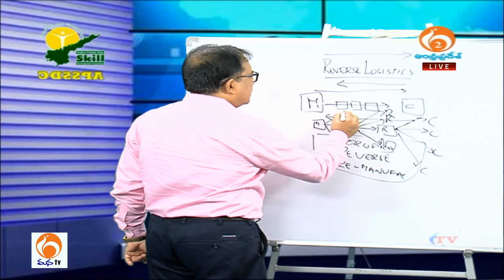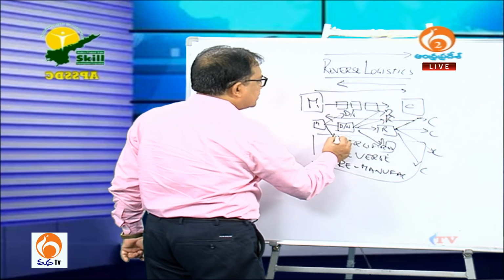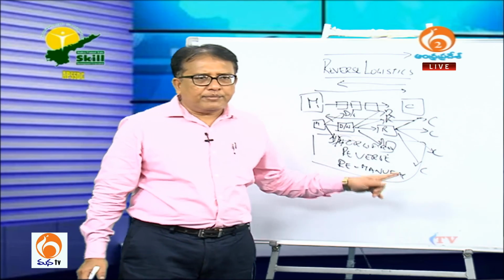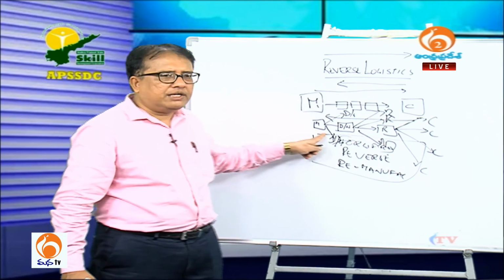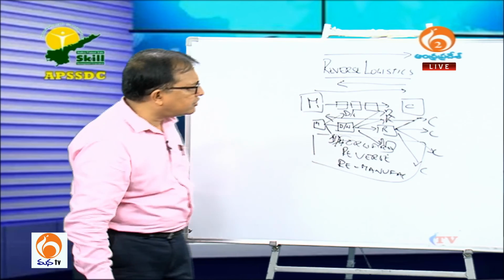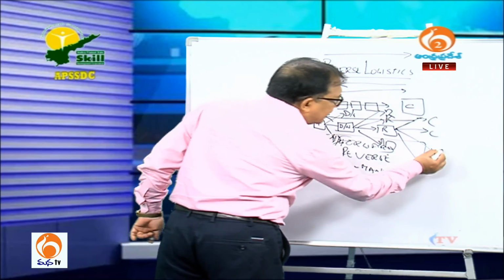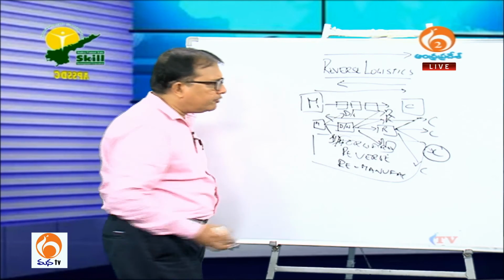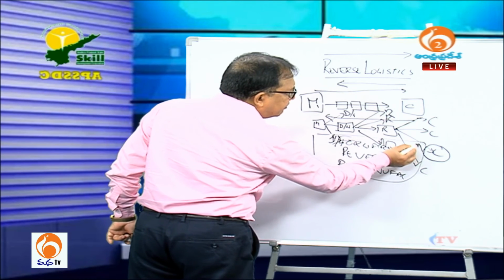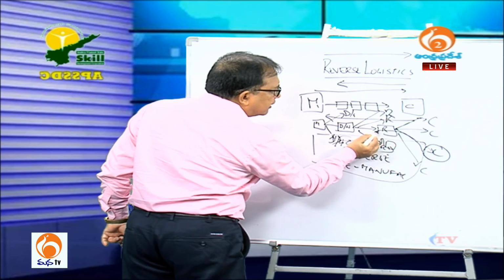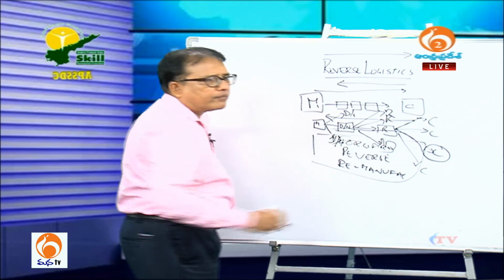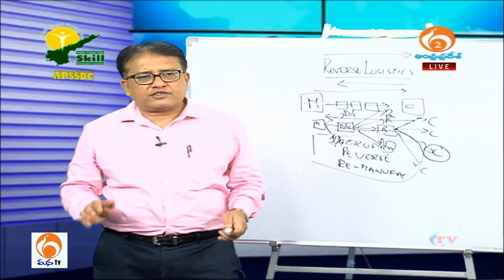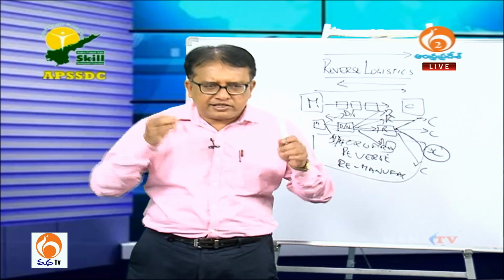A company will never try to build additional infrastructure. Suppose the shipment has to be picked up from this customer. The company would always like the shipment to come back in the same flow, because in that way they can use the existing infrastructure, existing vehicles, existing manpower.